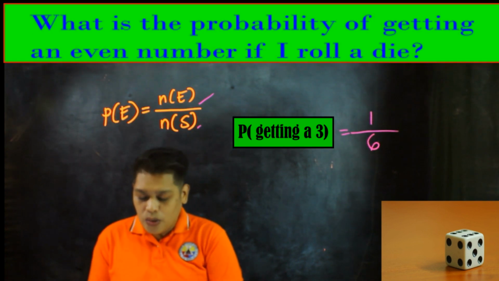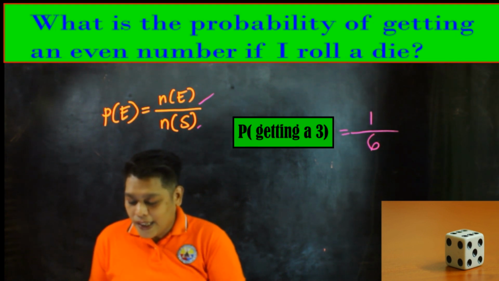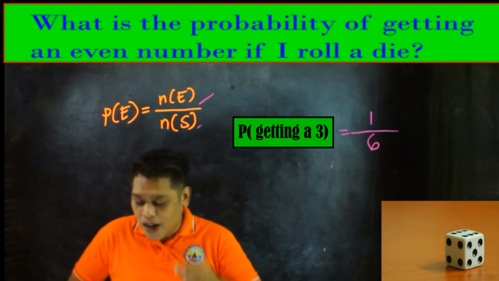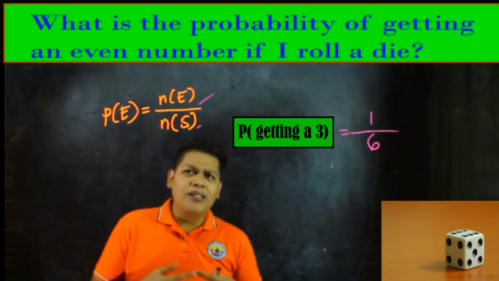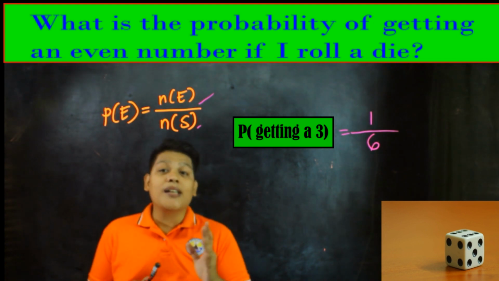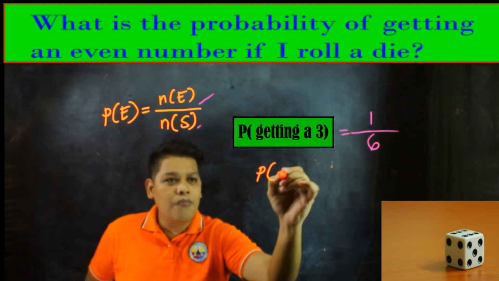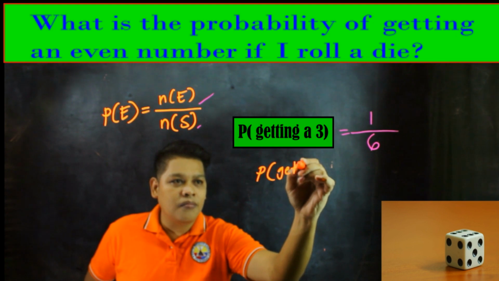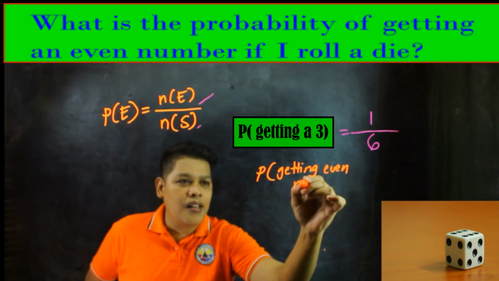So in number 2, what is the probability of getting an even number if I roll a die? So what is our event? Our event here is the probability of getting an even number.